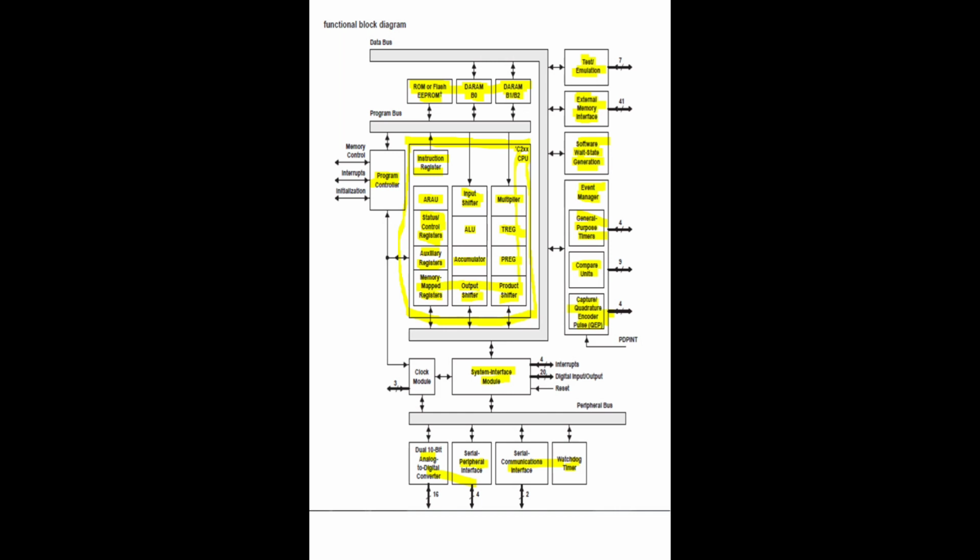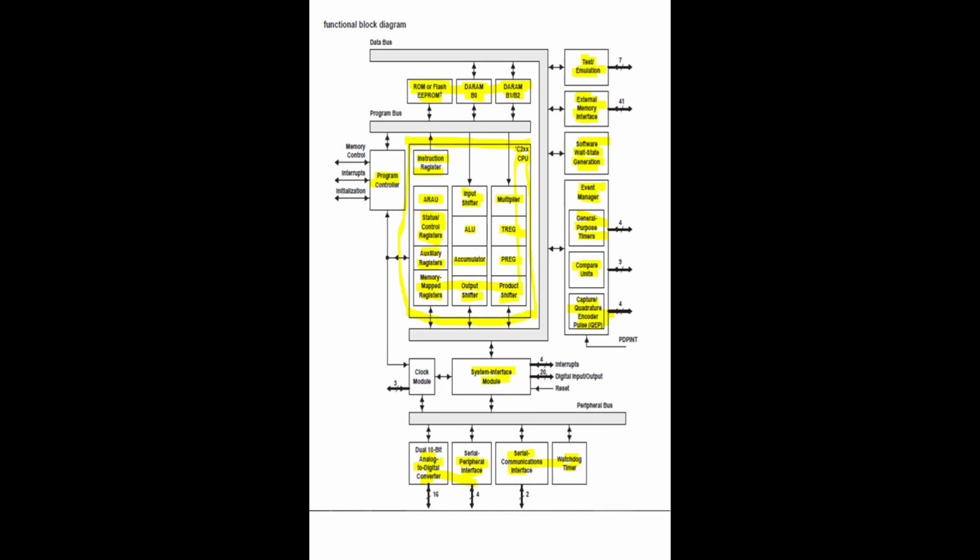It is a device which can be used as optional, but it is available inside the DSP processor. Usually these units, this ADC, then serial peripheral interface, the serial communication interface, watchdog timer, won't be available inside the processor in other processors.